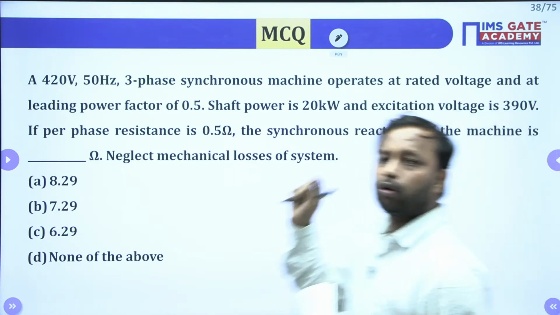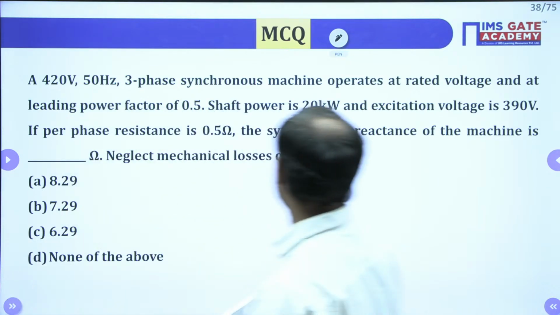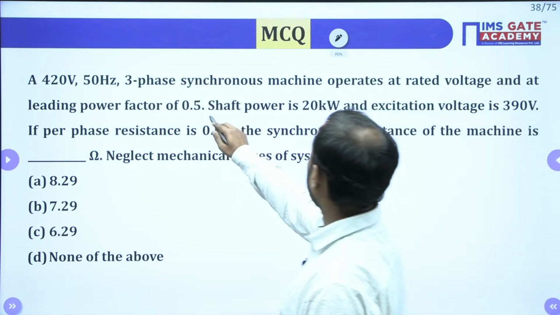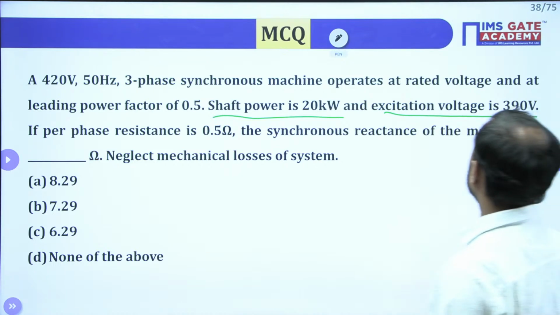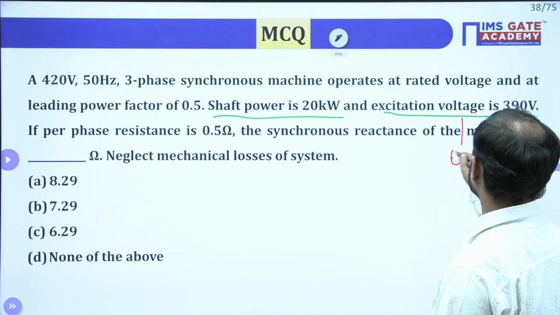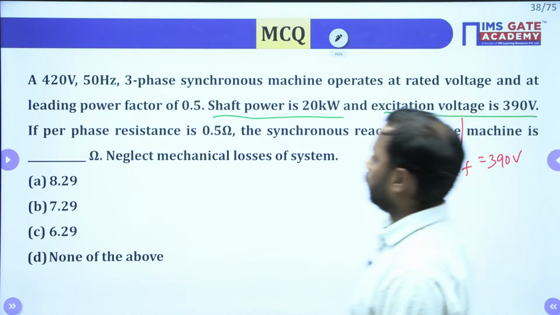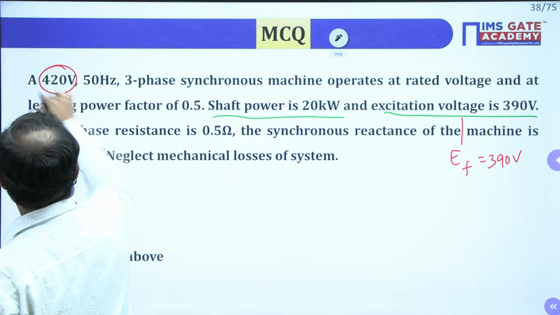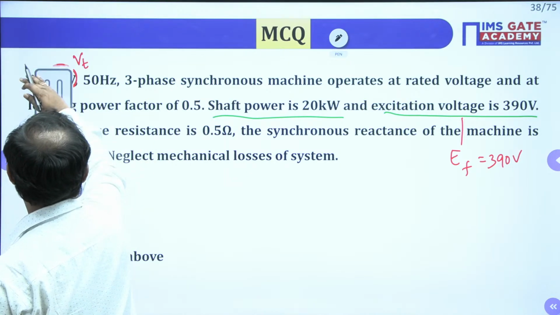So first we need to judge whether this machine is a synchronous motor or a synchronous generator. So look at here, we have shaft power and excitation voltage. So this is EF, EMF, and this 420 is what? This is terminal voltage, which is VT.